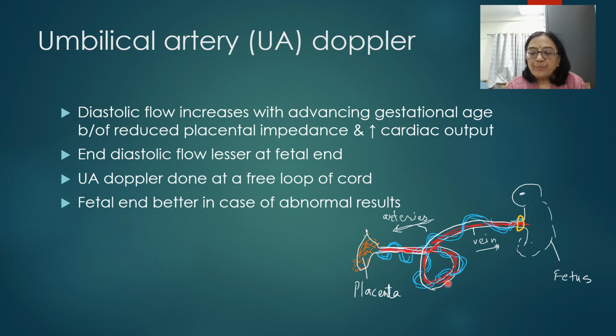But if it is abnormal, then for subsequent measurements, usually the fetal end is preferred, because now we need to detect at the earliest whether the abnormality is increasing in severity, whether reduced diastolic flow is getting converted to absent diastolic flow, or is getting even worse to reverse diastolic flow. So whenever there is an abnormality, remember that a point nearer the fetal end is selected for the subsequent Doppler study of the umbilical artery.